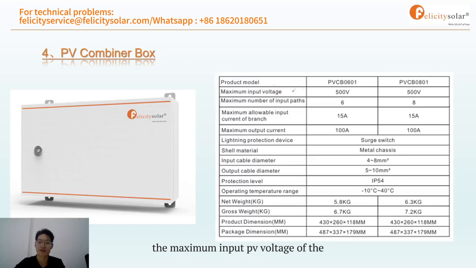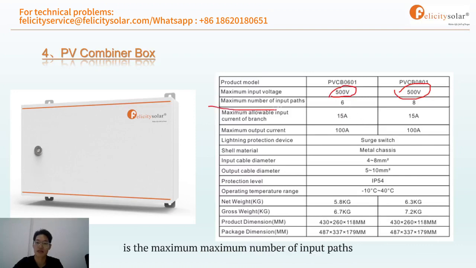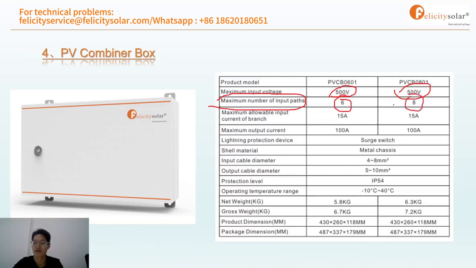The maximum input PV voltage of the PV combiner box is the same, 500. What is different is the maximum number of input paths, 6 and 8, and other data is almost the same.